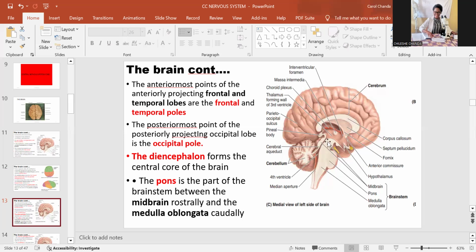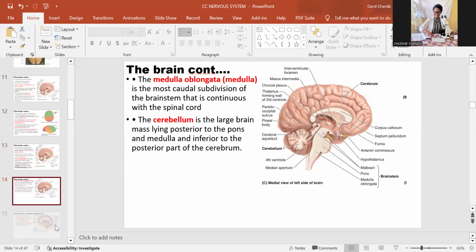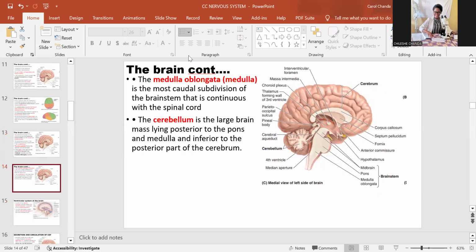And then we have the brainstem over here. The brainstem is composed of the midbrain, the pons, and the medulla oblongata. The medulla oblongata is the one that is continuous with the spinal cord inferiorly. So the medulla oblongata is the most caudal, meaning it's the most inferior subdivision of the brain that is continuous with the spinal cord.